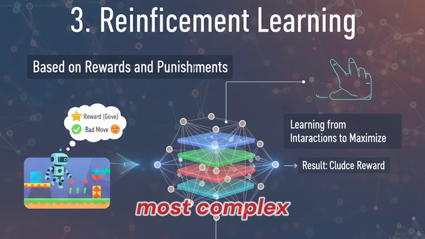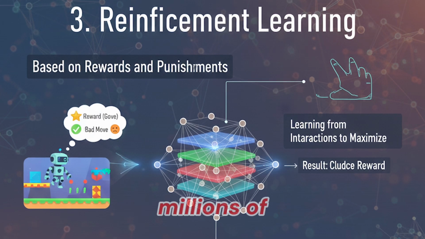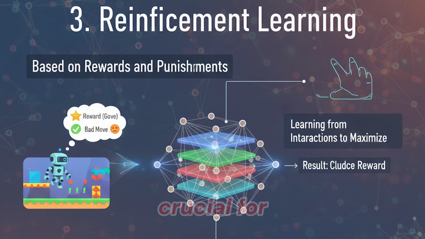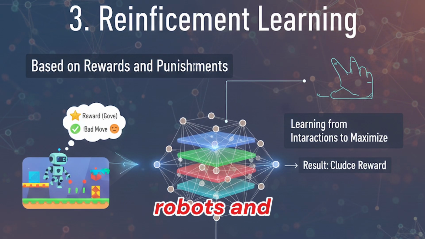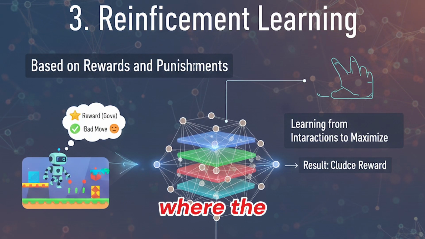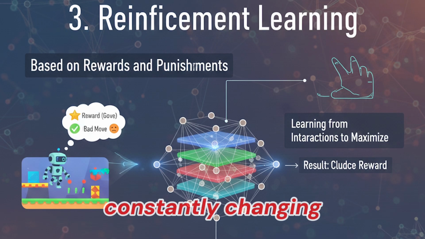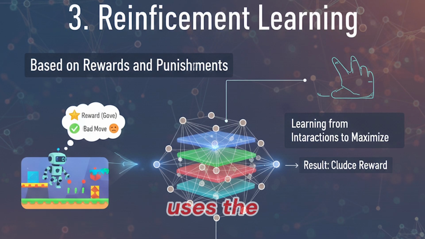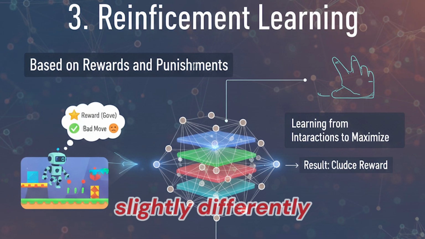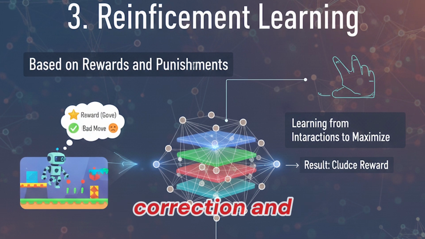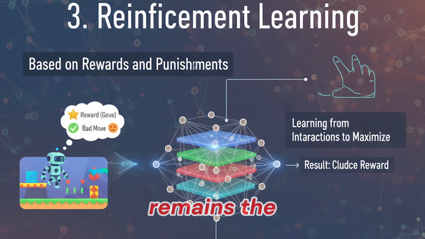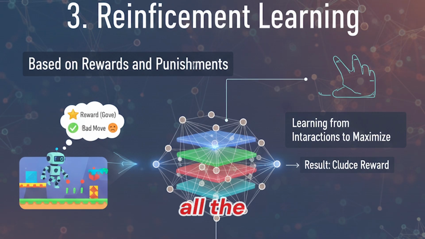It's the most complex method, requiring millions of simulations, but it's crucial for training autonomous systems like advanced robots and self-driving cars, where the environment is constantly changing. Each method uses the neural network slightly differently, but the underlying principle of continuous self-correction and pattern recognition remains the same, driving all the intelligent systems we see today.